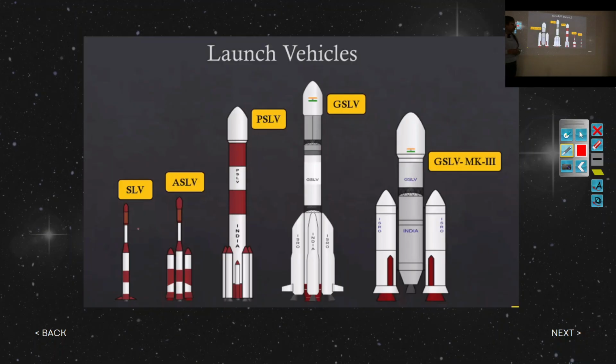Payload was just 40 kgs. Payload is the topmost part that goes in the orbit, that we call as payload. So payload was just 40 kgs of the SLV.